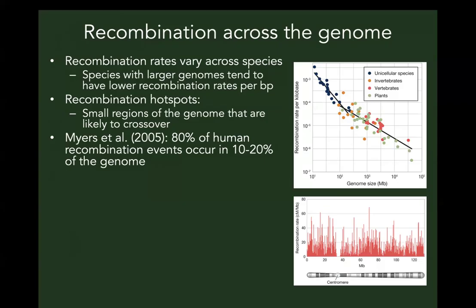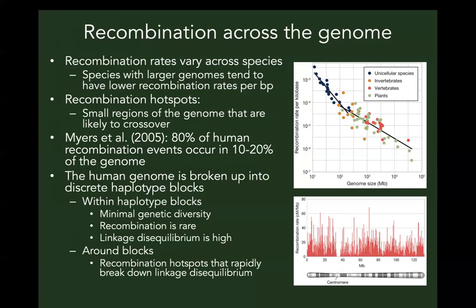So those are clearly hotspots. Why did they go down in the middle, right here? Oh, that's the centromere. Yeah, no recombination there. That's where the sticky spot is. So the human genome can be broken up into these discrete haplotype blocks. And remember, haplotypes are groups of loci that tend to get inherited together.